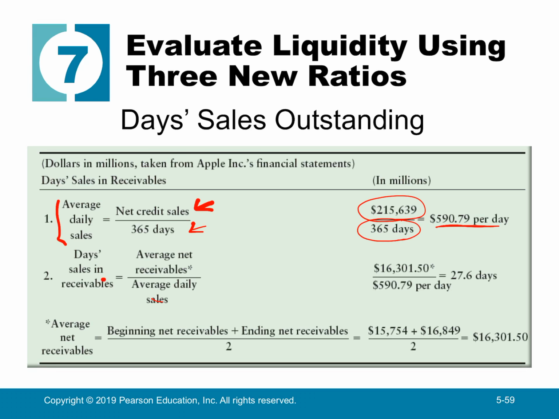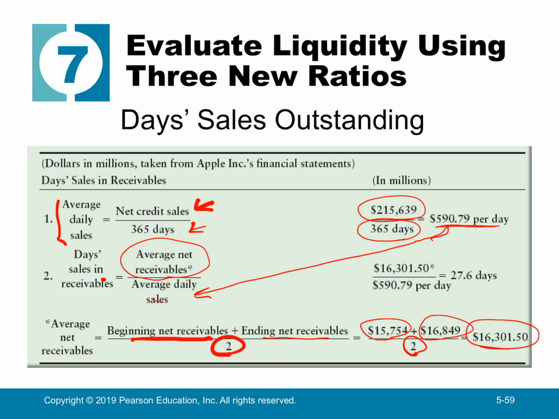So this 590.79 that we calculated in step 1, we're going to put here in the denominator, right? And the average net receivables is, again, just your beginning net receivables plus your ending net receivables divided by 2. So here you go, this plus this divided by 2 equals 16,301.50. So if you put those numbers into here, you get the 27.6 days.